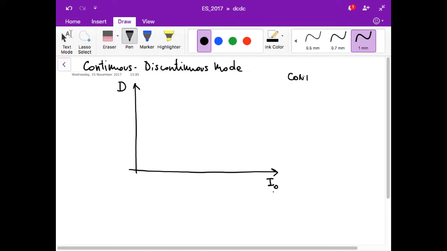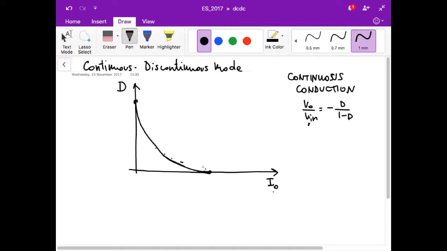In continuous conduction, what we have is that VO over V in is equal to minus D over 1 minus D, which means that D is only dependent on VO over V in. The boundary between continuous and discontinuous conduction is given by this expression that we have written before. This is IO B max, and this is 1, and this is a parabola.